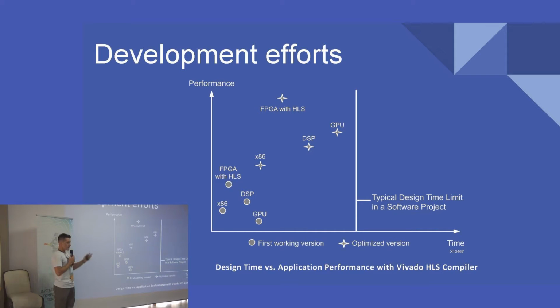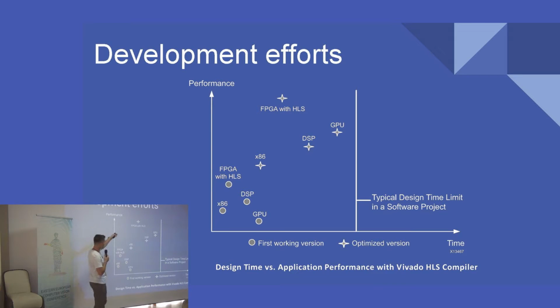Basically, we take our program definition in C++, our implementation of an algorithm that is too slow for a CPU to achieve real-time performance, for instance, and we put it into FPGA, which also gives us the same performance as we achieve with manual coding, but it saves our time.